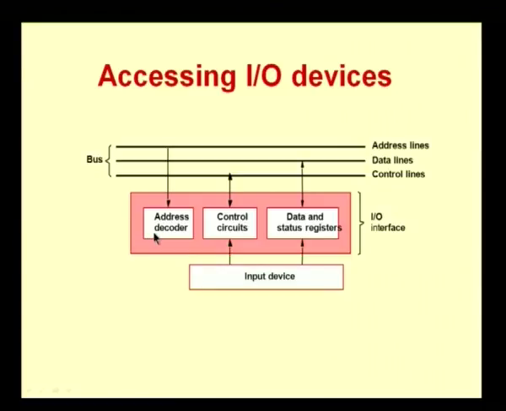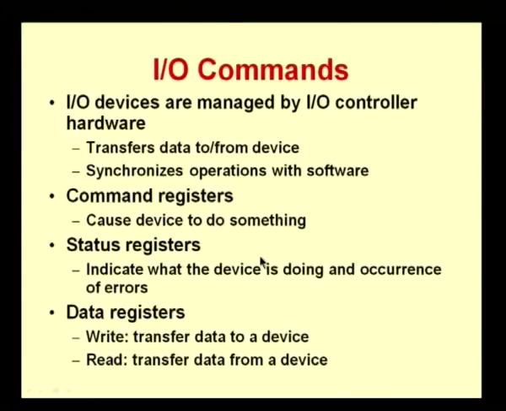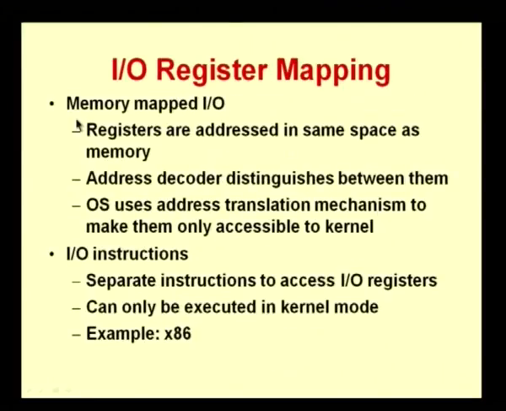That is the next thing. We have said that there is an address decoder, which will look at the address and decode it and identify that it is this particular device which is being addressed. That is not a problem. What we need to understand is where exactly these addresses are specified. We know that for memory, there is a set of addresses given, but what about I/O addresses?